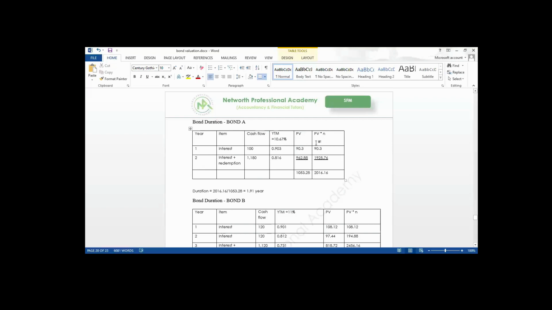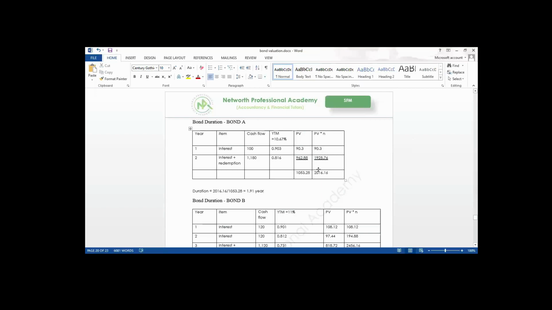So you also sum up present value multiplied by n. Sum up, 2016.06.